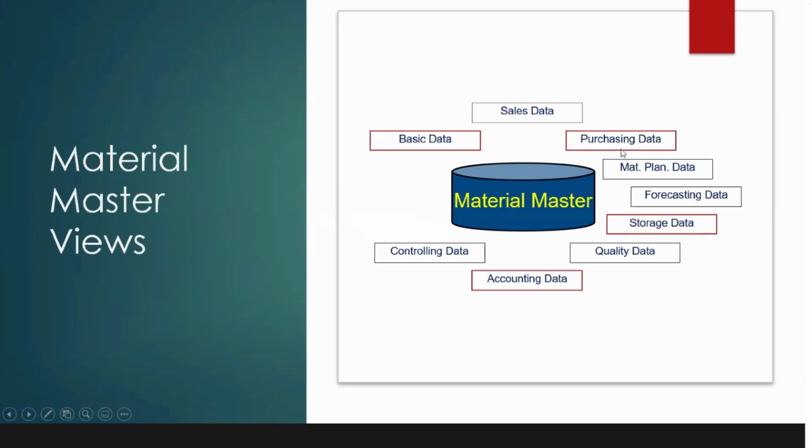So the general information, how to purchase it, the information where we store it, the information about what is the value of your material. These are the 4 important views that you should use. The others are optional. Okay, any question?